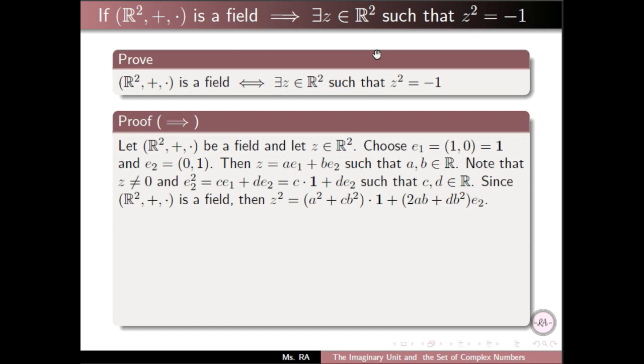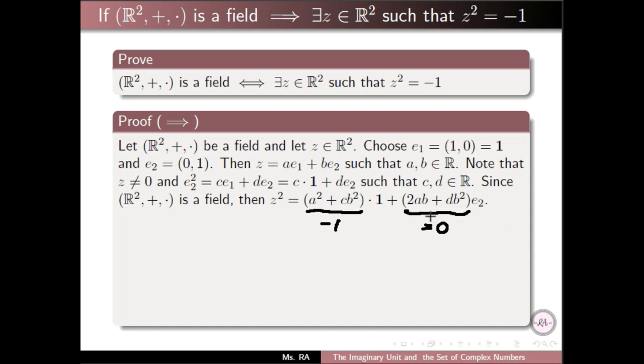Our goal here, since we are doing the construction of this z, is to make this part equal to 0. And then this part, we have to show that it's gonna be equal to -1.